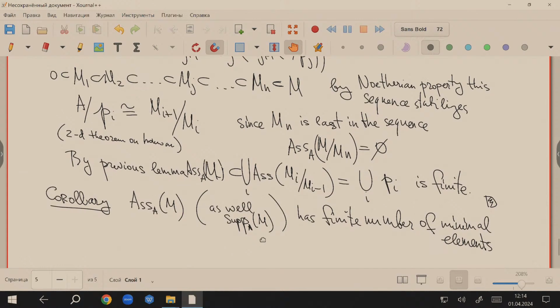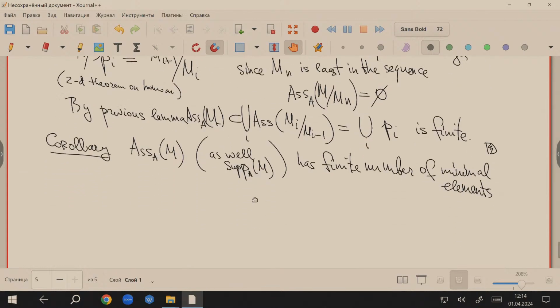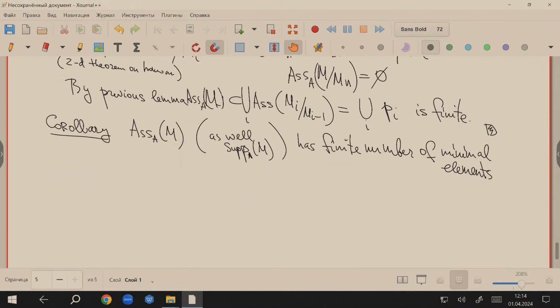Now I want to pass to geometric statements. One can consider the annihilator. Suppose that M is finitely generated.